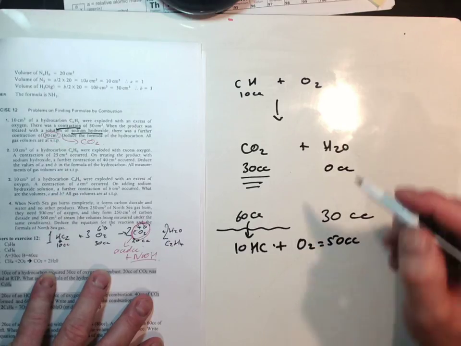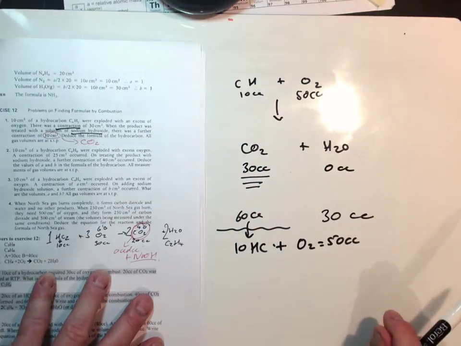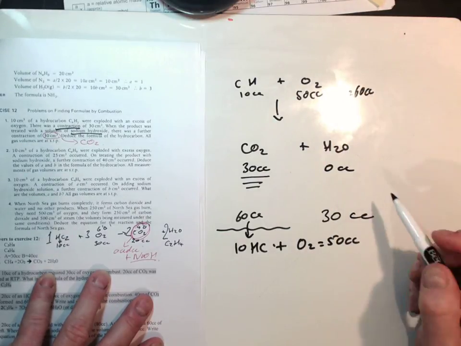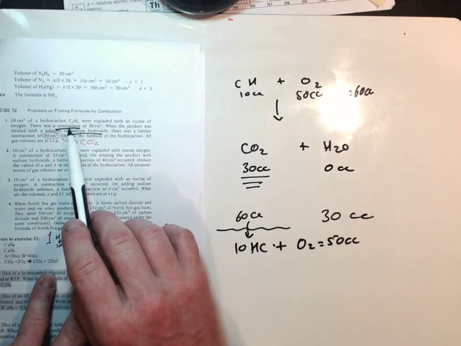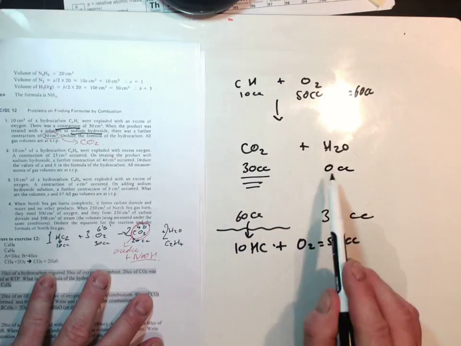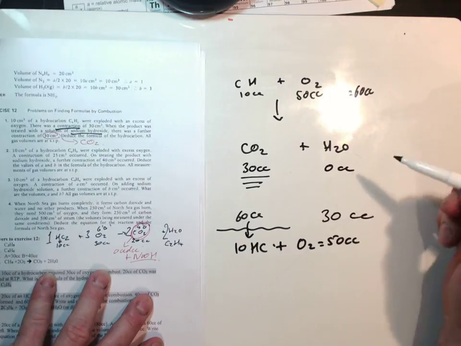So if you think about it, if we had 50 cc's of that, and they reacted fully together, and that's a total of 60 cc's, and we had a reduction of 30, or a contraction of 30 cc's, well then that would bring us down to the 30 there and the 0 for the water.